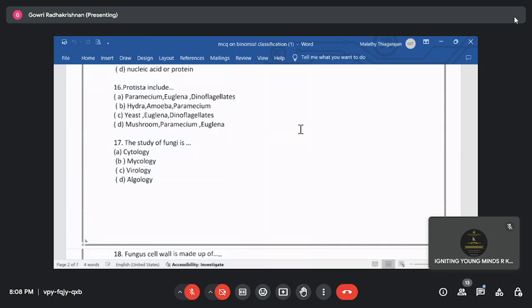Amoeba is also a Protista, but the second option is not taken because of Hydra, which is classified under Animalia. The third and fourth options, yeast and mushroom, are classified in fungi. So that's why we take option A.